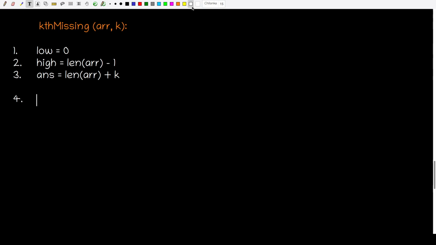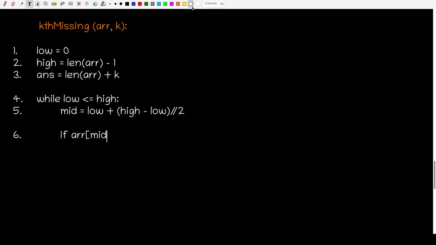Now let us apply our binary search. While low is less than or equal to high, let us compute mid. Mid will be equal to low plus (high minus low) divided by 2. And then let us check if arr[mid] is greater than mid plus k.